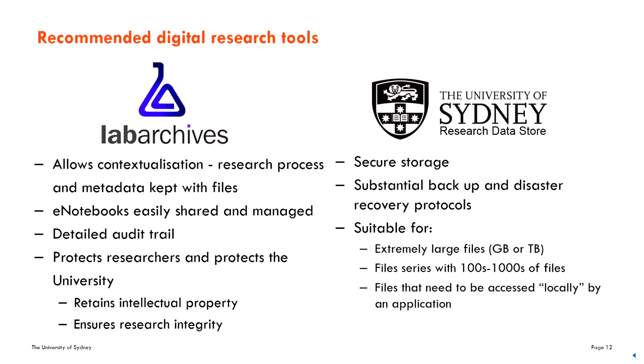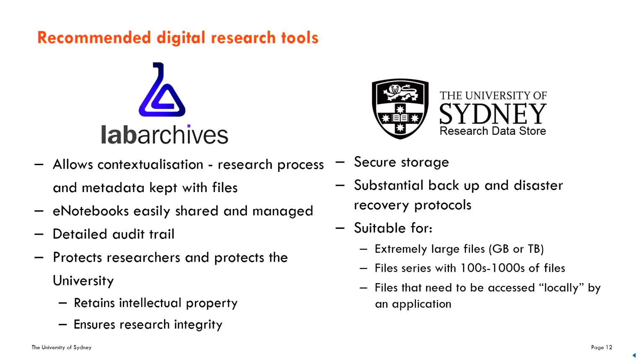So not only can you add all your files there with some limitations, but you can also provide context of the research process, but also metadata, etc. E-notebooks are also very easily shared, and so collaboration is easily managed. There's that detailed audit trail that I mentioned earlier, and this essentially is protecting researchers and protecting the university with research integrity, academic honesty, and also intellectual property concerns.